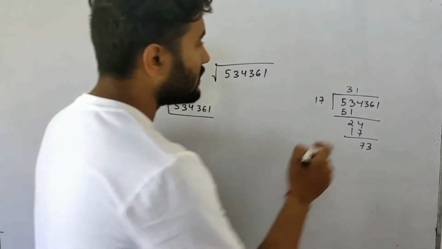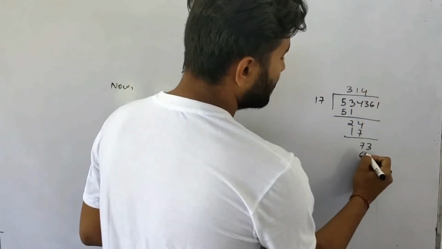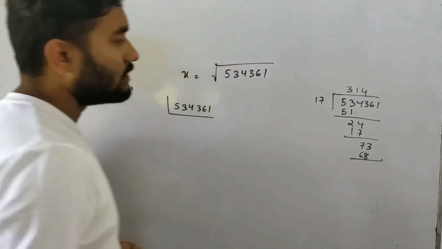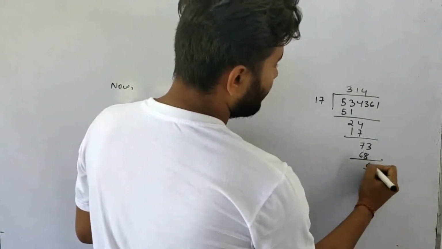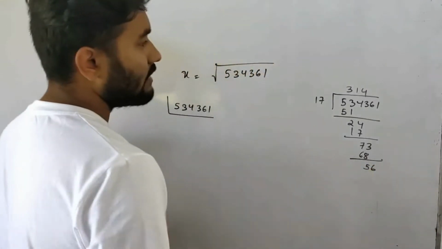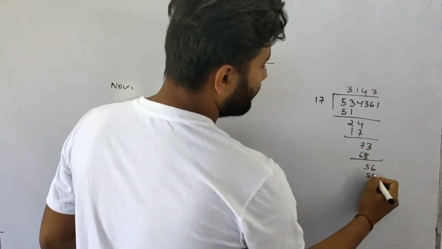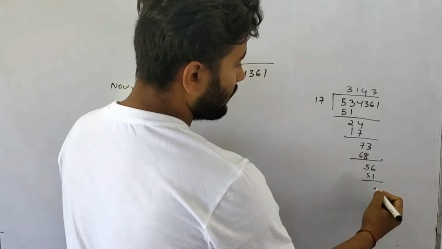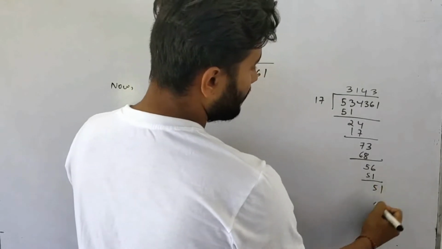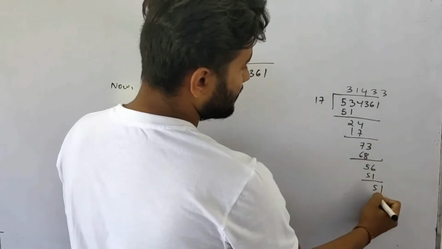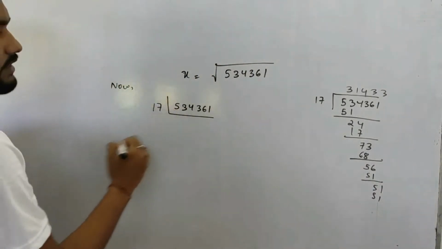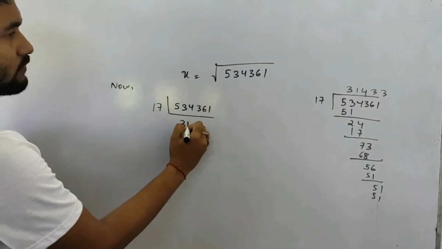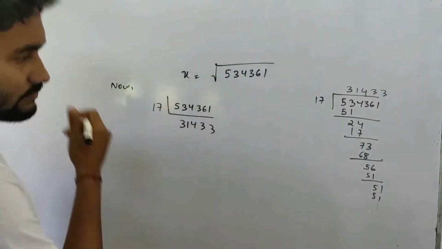So 17 3 is 51, and it is divisible by 17. And over here we get 31,433.